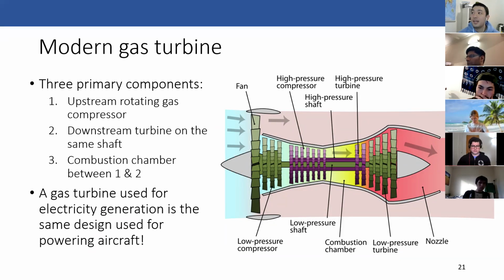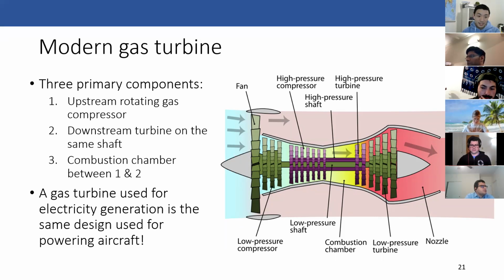A gas turbine for natural gas is actually quite a bit different. It's not actually using steam in the turbine. It's using the natural gas itself. And so you have a couple of main components in a gas turbine. The first part is a gas compressor.